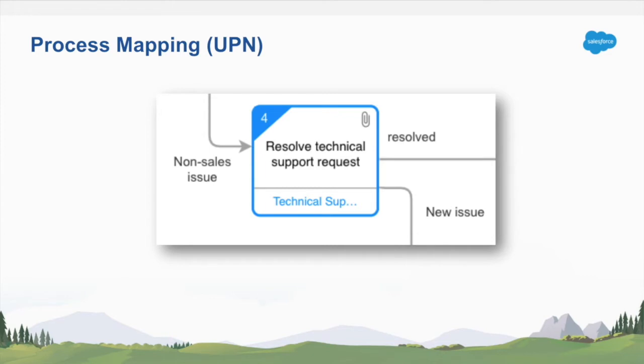And one of the powers of UPN is that it's hierarchical, which means that any process box can drill down to the next level of detail, so very complex processes can still be described in very simple diagrams that everyone understands. That corner is where there is a drill down. And if we need more information, maybe we can attach supporting information with that paperclip.